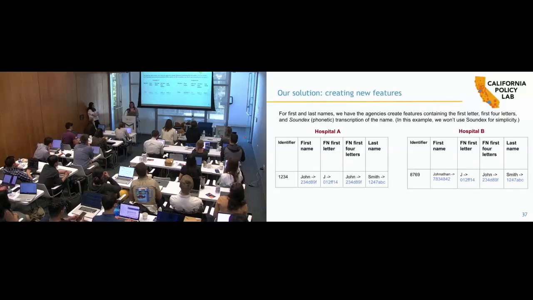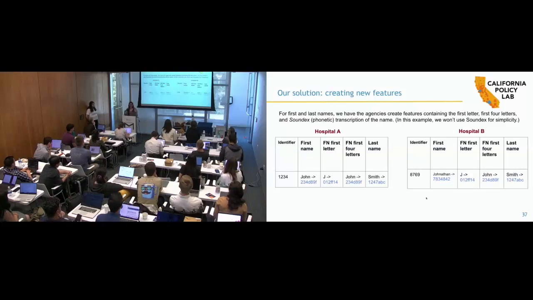For first name and last name, we typically do something like the first letter or the first 4 letters, pull that out from the data before it is hashed, hash all of these things, and do that comparison. In this case, we don't see a match just looking at first name alone on Jonathan and John, but once we look at the subfields, we're able to identify that this could potentially be a match.